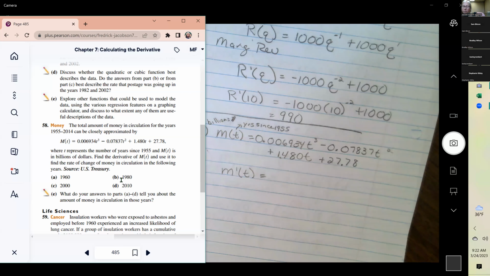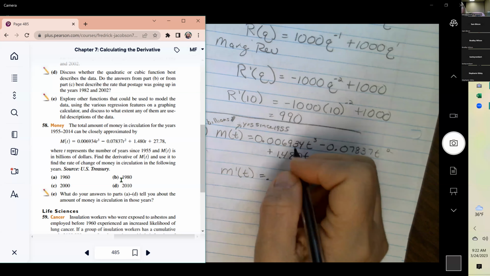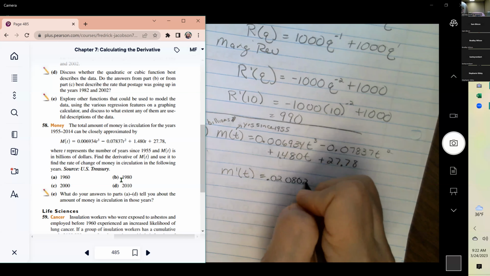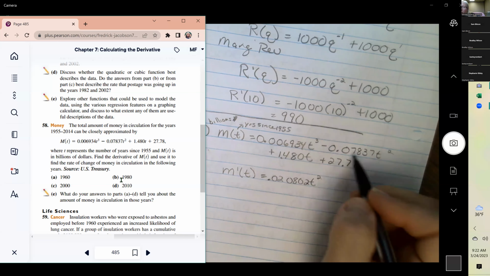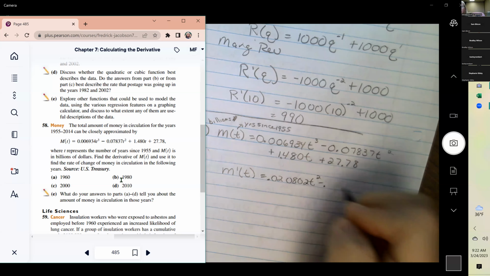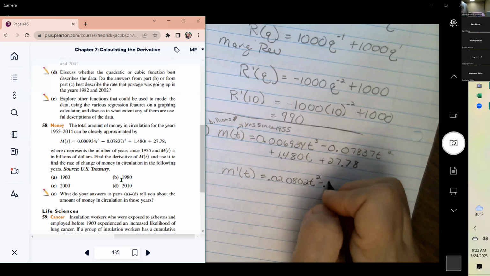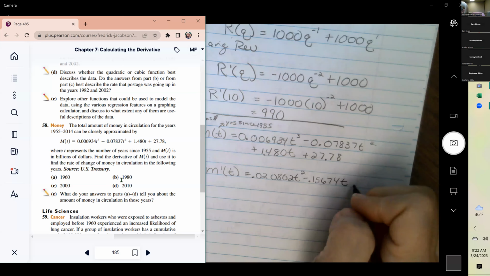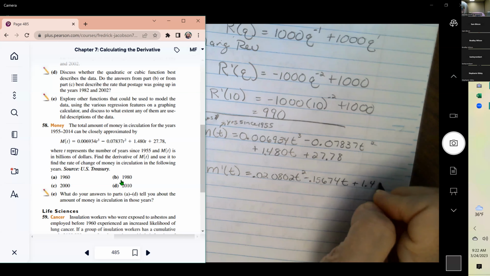3 times the decimal. And then 2 times the next decimal. T to the first plus 1.480.